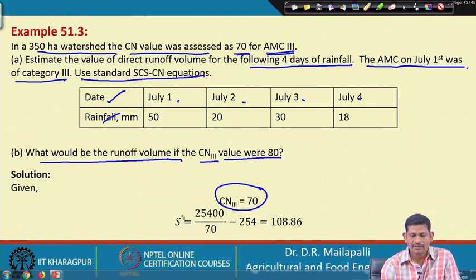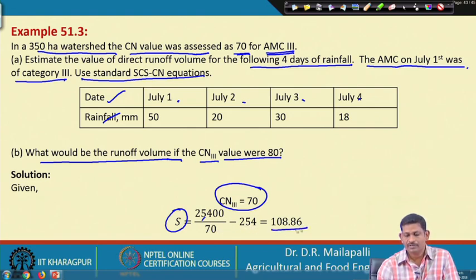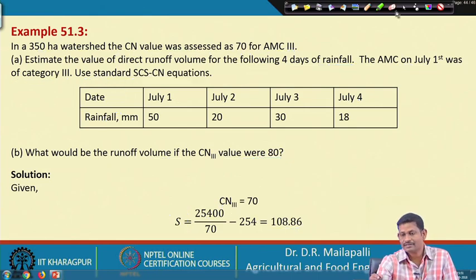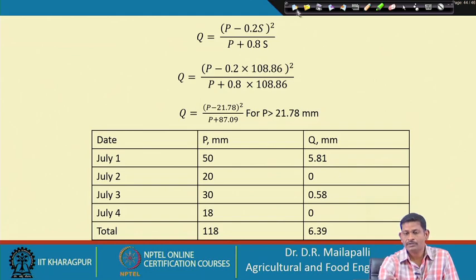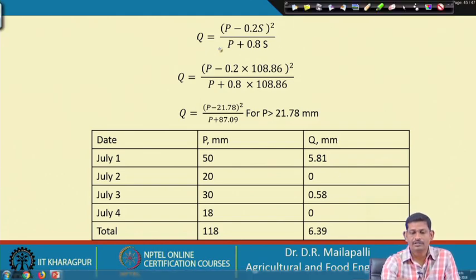Knowing the CN value of 70, find S using 25,400 divided by 70 minus 254, which gives 180.86 as S. Once you know S, you can find Q using the formula Q equals (P minus 0.2 S) squared divided by (P plus 0.8 S).